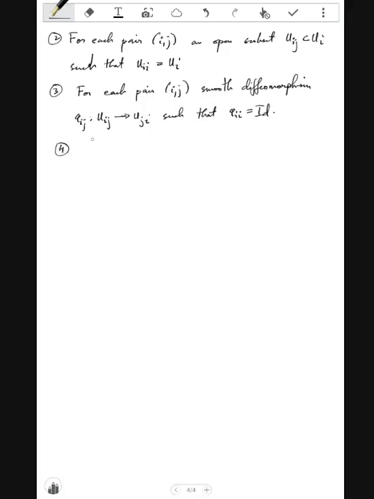And lastly, the cocycle condition should hold: phi jk composed with phi ij is equal to phi ik on Uij intersection Uik.